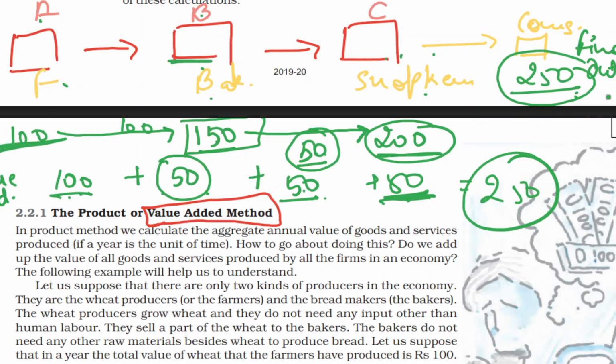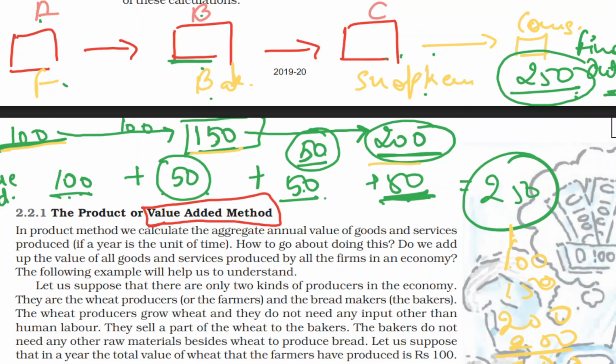But there is one common mistake which we sometimes make in calculating the national income. We consider all of these as final goods, like 100 rupees, 150, 200, and 250. Now, if we calculate this as final value, then 100, 150, 200, and 250. How much national income is there now? 1, 2, 3 and 4 makes 7.